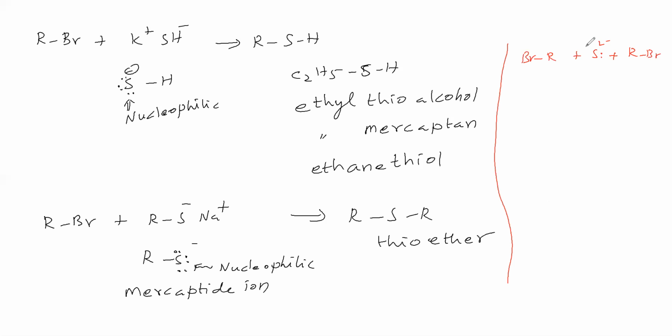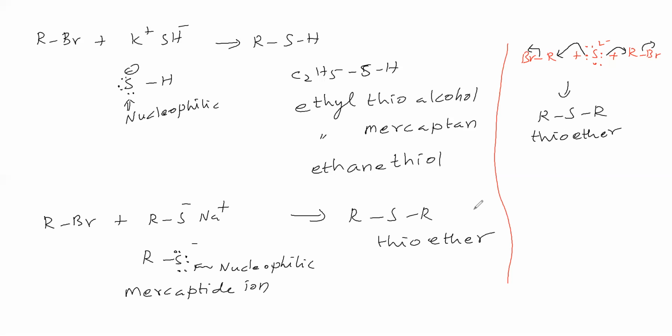This sulfide is having 4 lone pairs. So how the reaction happens, you see: this lone pair attacks this R, Br minus is leaving. This lone pair attacks this R, Br minus is leaving. So what we will get is RSR. This is called what? Thioether. We are getting thioether.